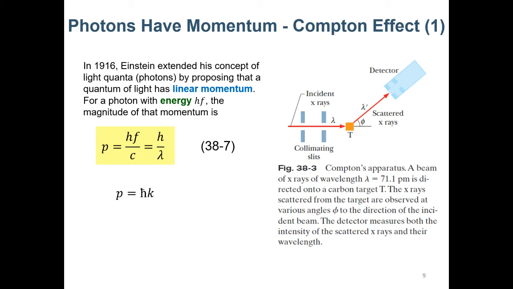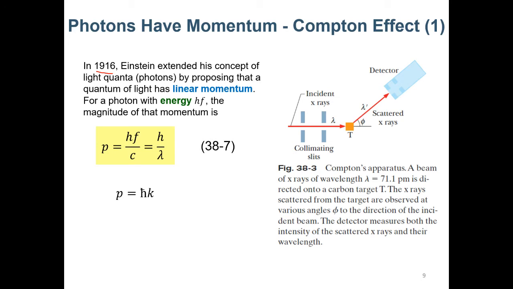After he finished general relativity, he came back to the quantum theory. And in 1916, he extended his concept of light quanta, or what we now call photons, by proposing that a quantum of light has linear momentum.